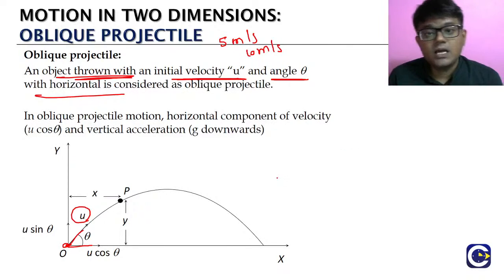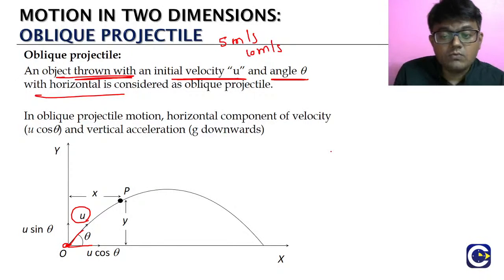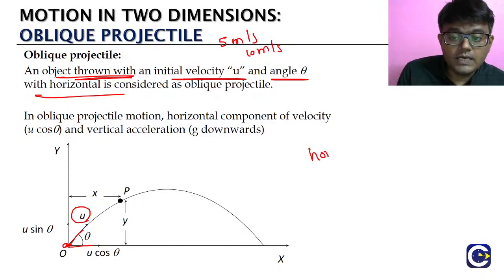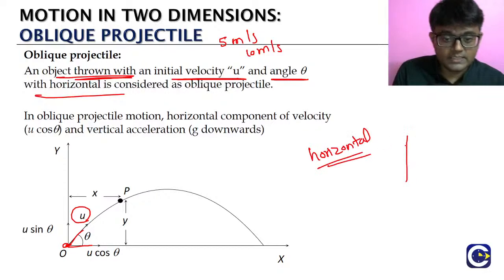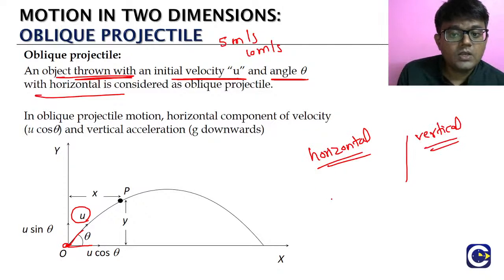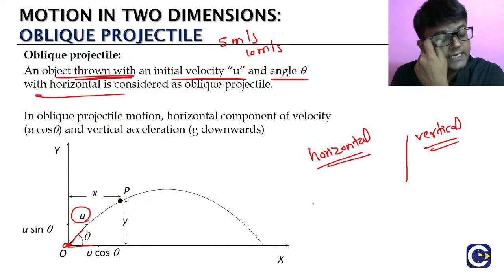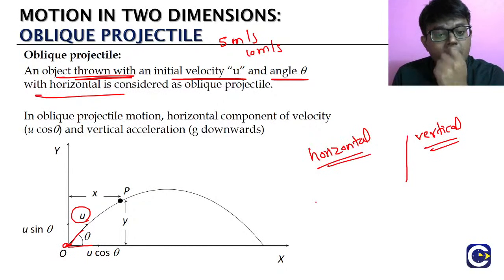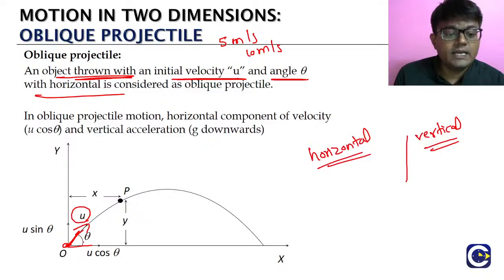Like in the horizontal projectile, we will split it into horizontal motion and vertical motion. If you look at the horizontal motion, the projectile is making an angle theta with the horizontal.